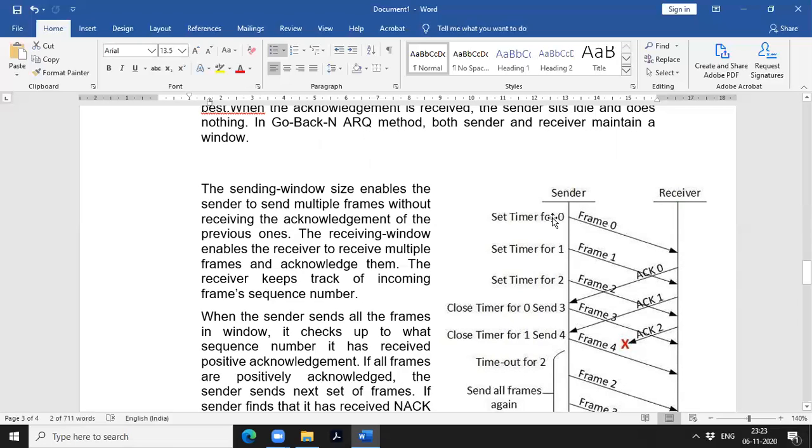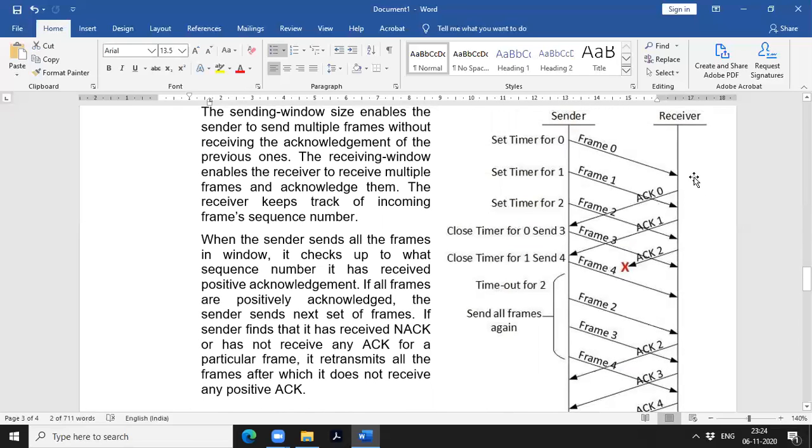The receiver will send back only a positive acknowledgement of the particular frame. If you see here, frame 0 is received at the receiver side, frame 1 also, frame 2 also, frame 3 also, and frame 4 also received at the receiver side. But we received a positive acknowledgement for only the first 2 frames, that is frame 0 and frame 1, at the sender side.